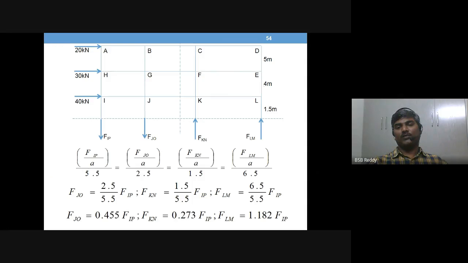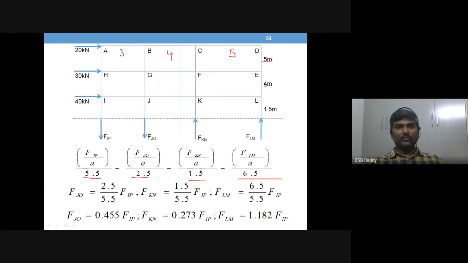So 1.5, 5 is anyhow 3, 4, 5. Okay, right. Again, we start with these relations, sigma by x. Nothing is changed. Same distances, column distances are same. CG, no change.